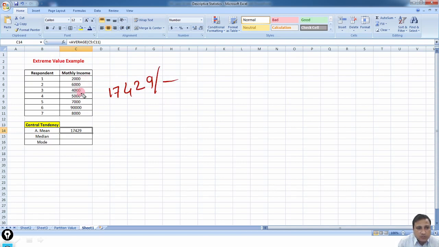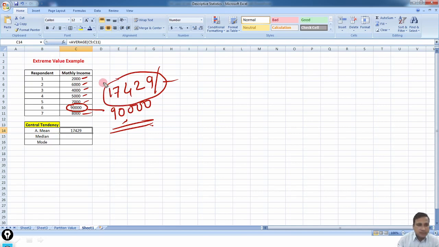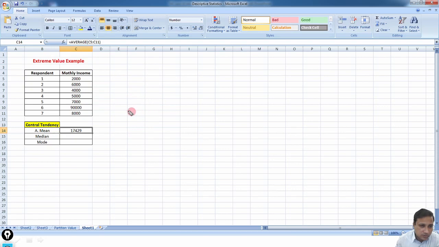But if I observe the values, here are 2,600, 5,000, 7,000, 6,000, 4,000, 8,000. There is only one respondent who has a monthly income of 90,000 rupees. Very high. Does this 17,000 represent all the respondents? The answer is no, because here it is an outlier.